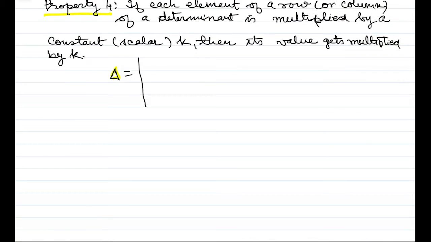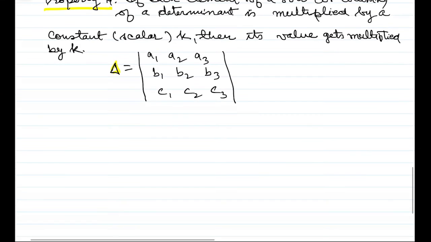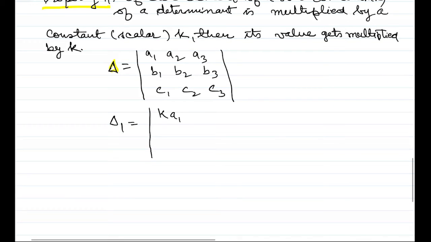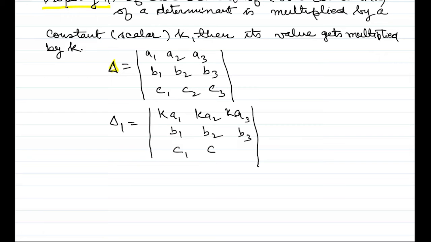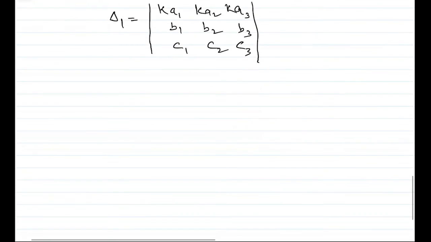Let delta be a determinant whose elements are a1 a2 a3, b1 b2 b3, c1 c2 c3, and delta 1 be another determinant whose first row is ka1, ka2, ka3, and the other rows are b1 b2 b3, c1 c2 c3.